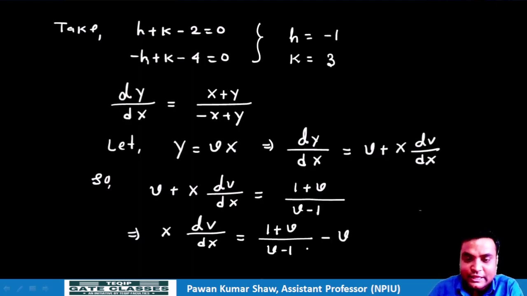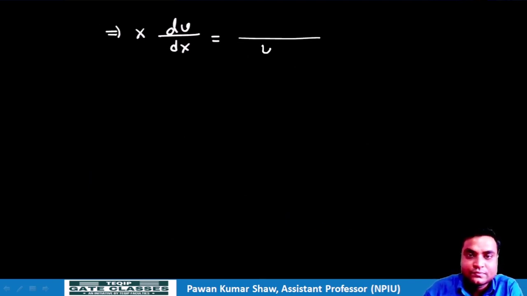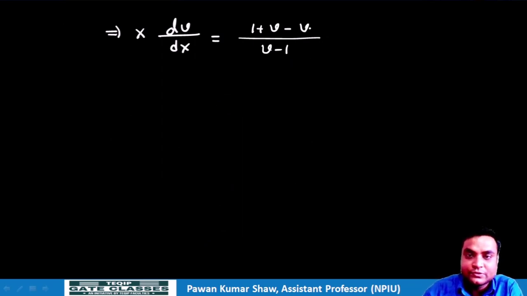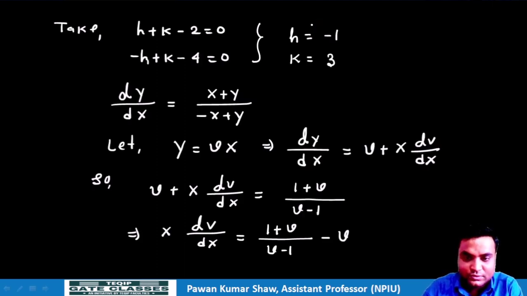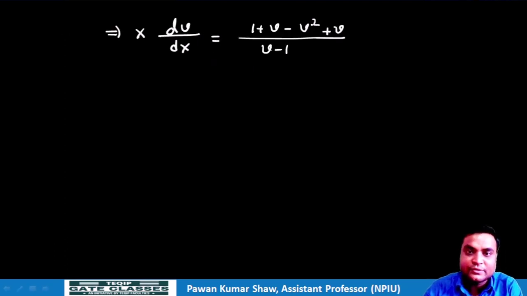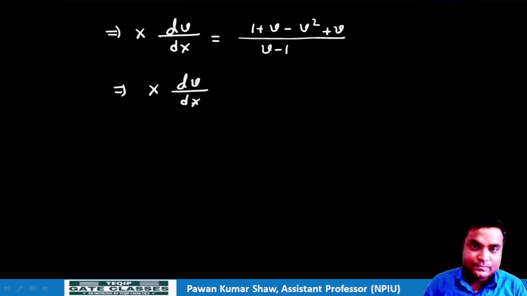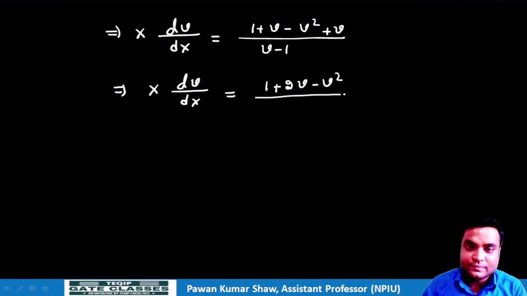Now what do we have to do after this? We do the simplification of X dV by dX, and once you take the LCM, that is V minus 1, that is 1 plus V, and after that minus V square plus V. So we are getting in the numerator 1 minus V square plus 2V, so X dV by dX equal to 1 plus 2V minus V square divided by V minus 1.